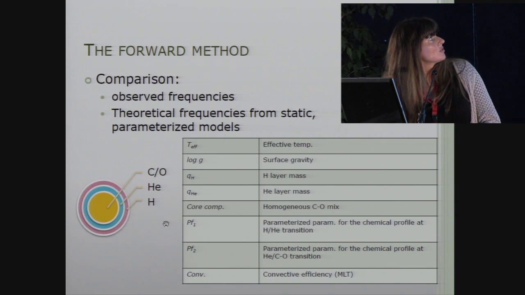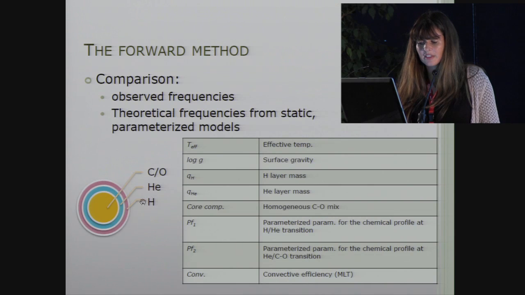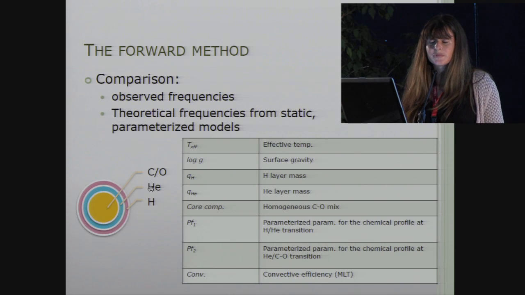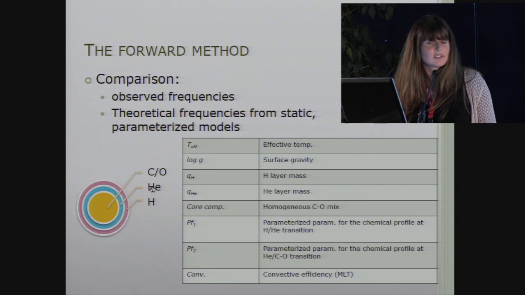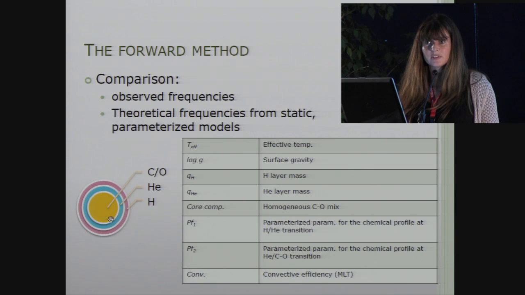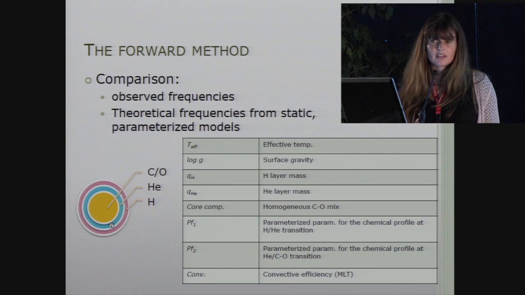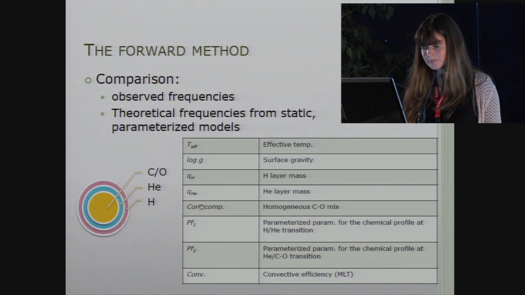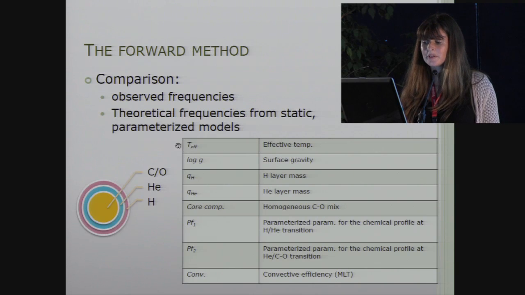Schematically, it's basically a thin hydrogen layer on top of a thin helium layer and a carbon-oxygen core. Here, we're going to use a homogeneous core. It's a mix of carbon and oxygen, and it's homogeneous. We know it's not really realistic, or rather we think it's not really realistic, but that's the best we can do so far, and I'll show you why after.